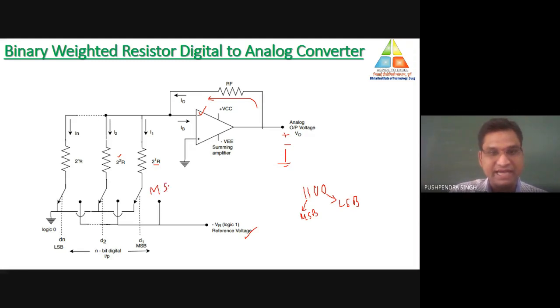Either you are using binary weighted or R2R or inverted R2R, in each and every condition, whatever resistance is connected just nearby the operational amplifier will be taken as MSB, and the last resistance will be the LSB position resistance.